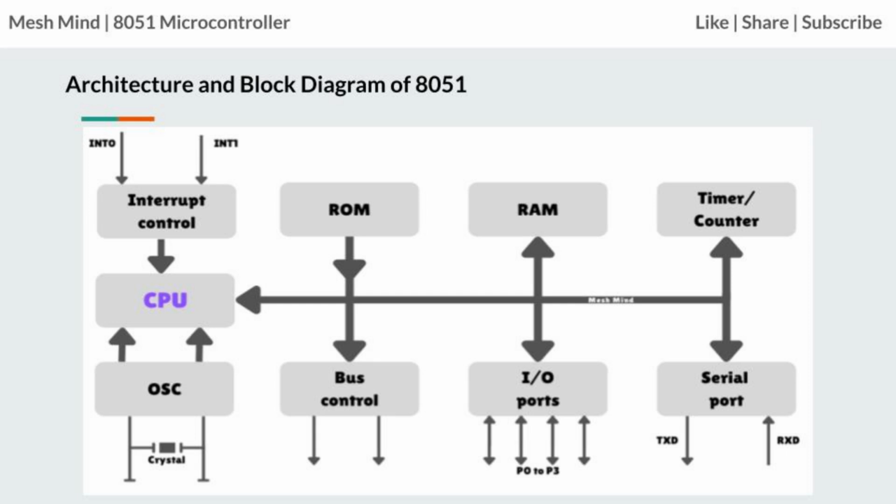It also includes I/O ports P0 to P3 for input and output operations, timers and counters for timing and counting external and internal events, a serial communication block for UART-based communication, interrupt control for handling external or internal interrupt signals, and special function registers to control specific functions. The block diagram helps us visualize how all these units are connected internally to work together.